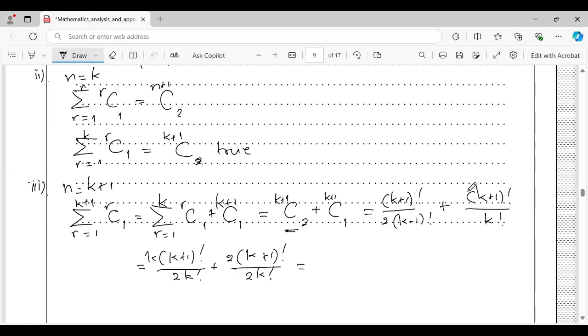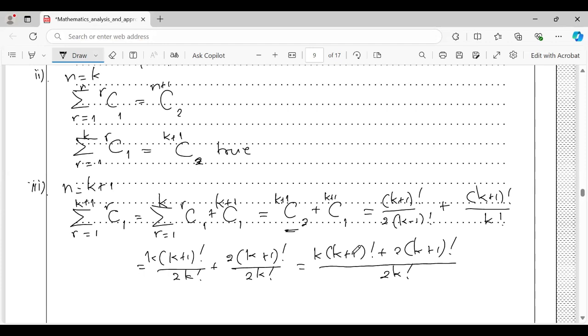So from this fraction, we have to multiply 2 and 2 because we want the same factorials. So it's going to be k plus 1 factorial plus 2 times k plus 1 factorial over 2k factorial.